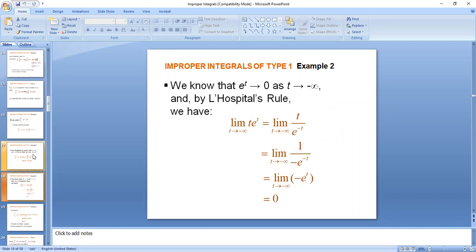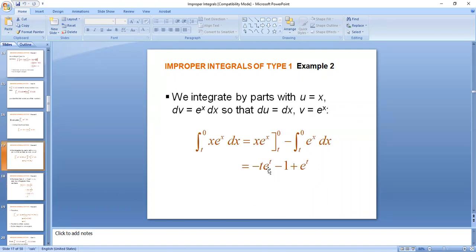So if you go back to our original answer, if you substitute here e raised to infinity, your answer for the first term would be minus infinity e raised to infinity minus 1 plus e raised to infinity.